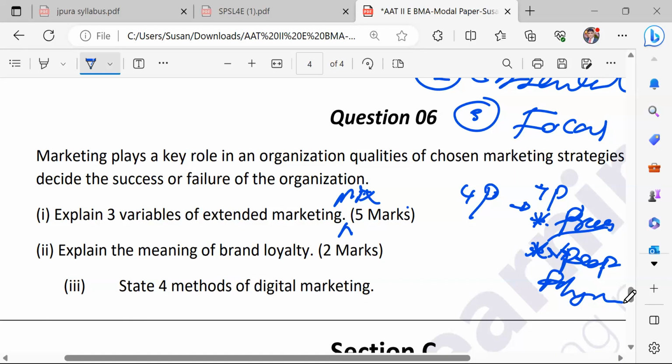Explain the meaning of brand loyalty. What is brand loyalty? Brand loyalty is when a customer is not ready to purchase any competitive brand other than the considered brand.